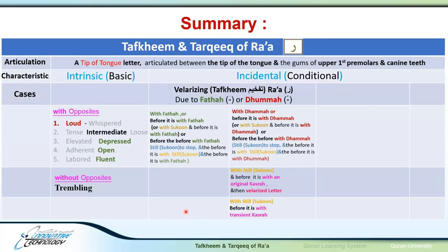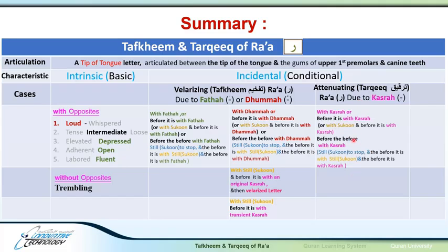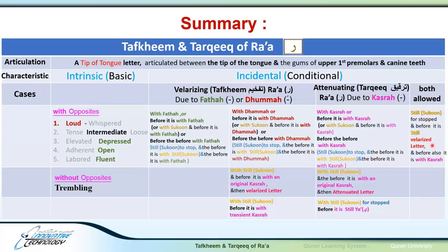While in some cases, the rule is attenuation, Tarqeeq, and this happens with 2 cases of kasra and another 2 cases related to sukoon. And there are 2 other cases where both are allowed, either Tafkheem or Tarqeeq, and both of those are related to some situations or conditions of sukoon.